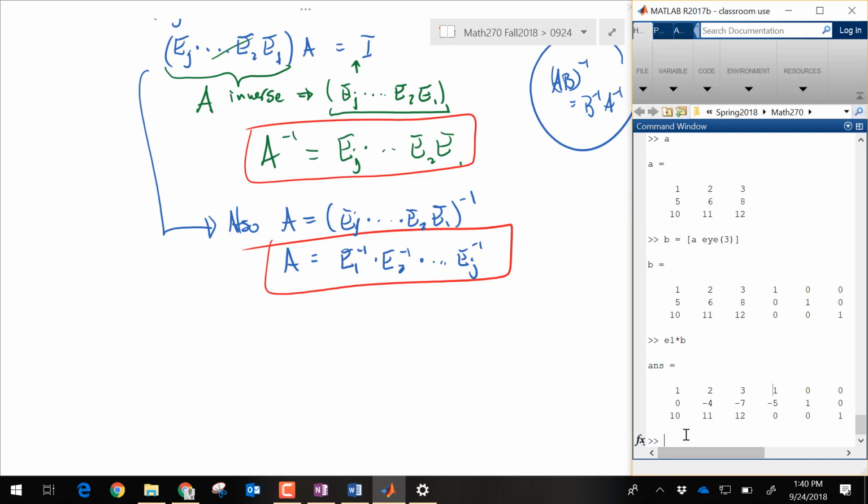Now let's do E2 times E1 times B. So I'm essentially doing the elementary row operations to this new augmented matrix. So this is what happens when you multiply that. Let's do a couple more. E3 times E2 times E1 times B.